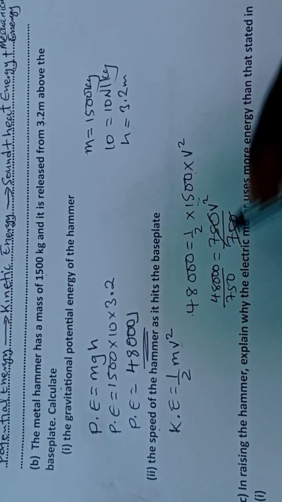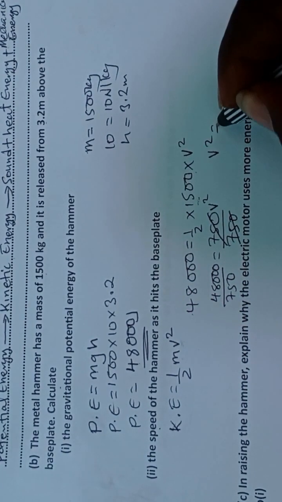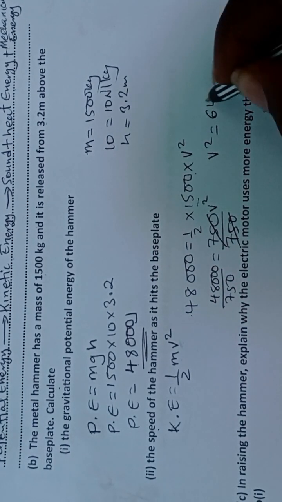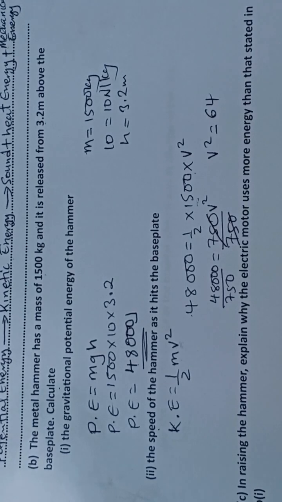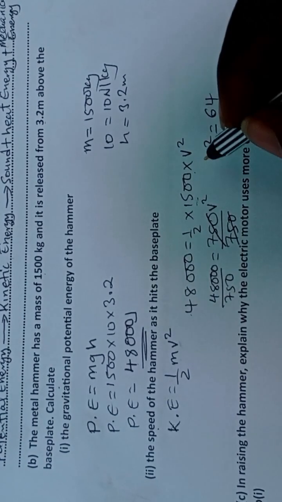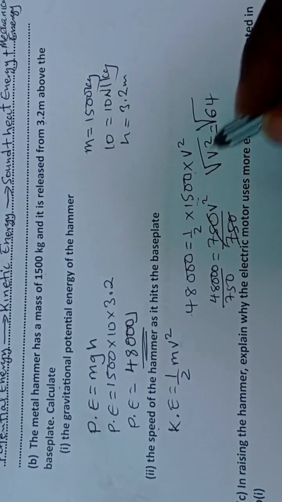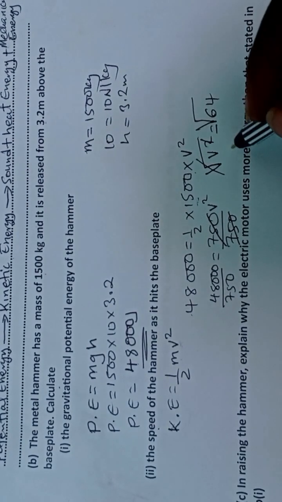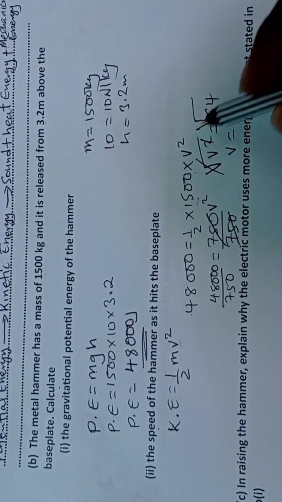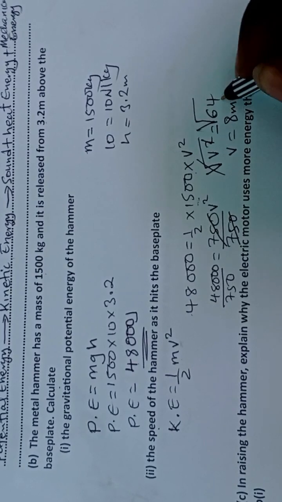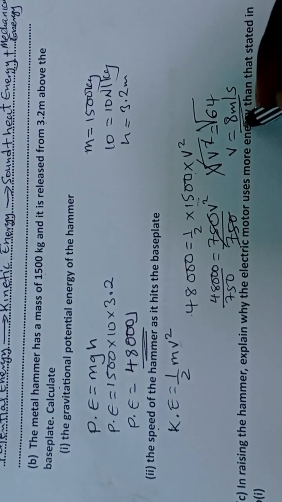So v squared equals 48,000 divided by 750, the answer is 64. From there, mathematically, we introduce the square root on both sides to clear the squared. So v is equal to the square root of 64, that is 8 meters per second.